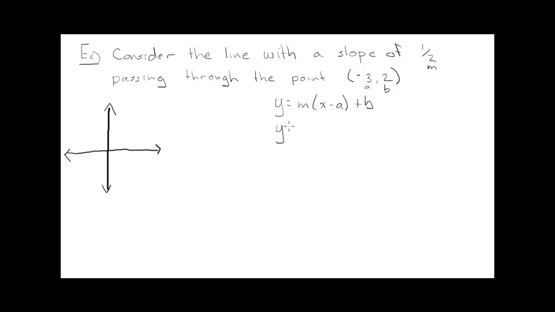So it would just be y equals 1/2 (x minus a), so minus -3 would be plus 3, plus 2. So this is your slope point form.